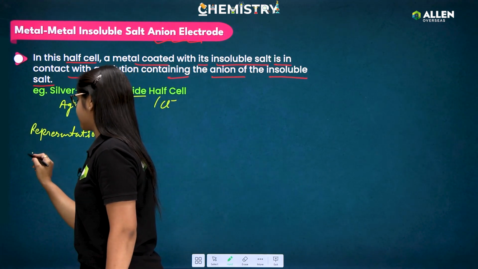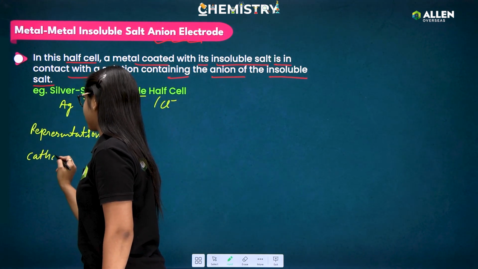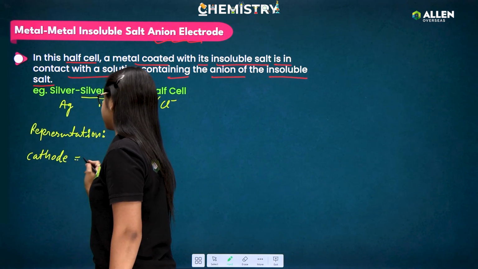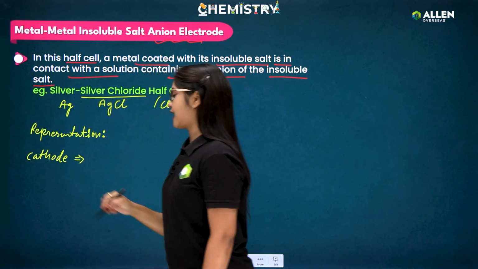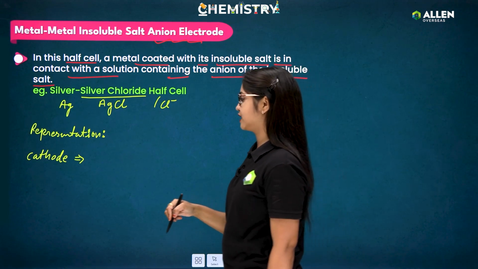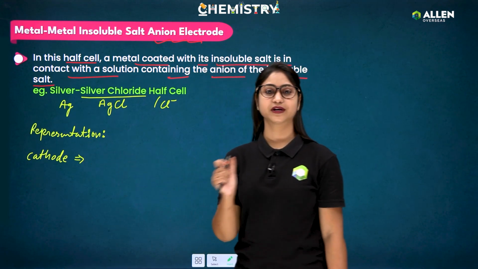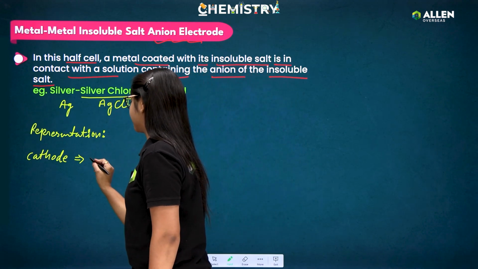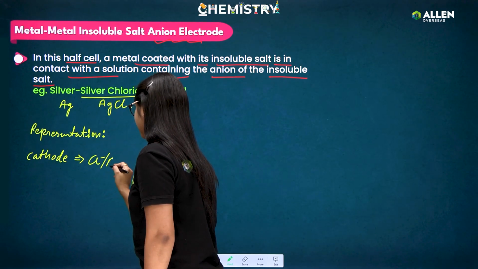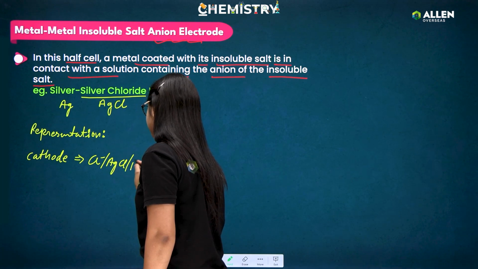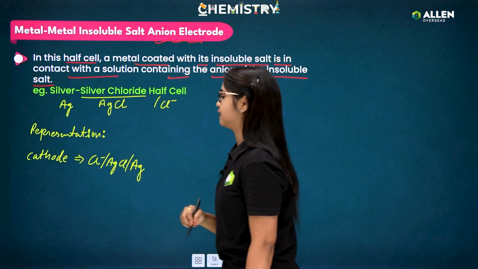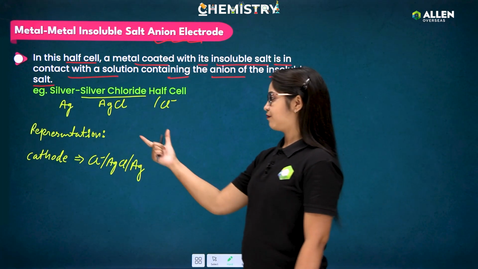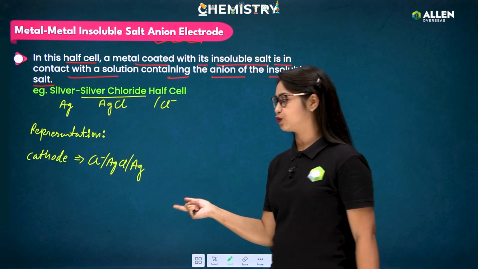If it is acting as a cathode, this is a reference electrode, and when it is acting as a cathode, how we can represent it? We know at cathode reduction reactions take place, right? So what will be happening here? AgCl, Ag. This will be the representation of this cell acting as a cathode.